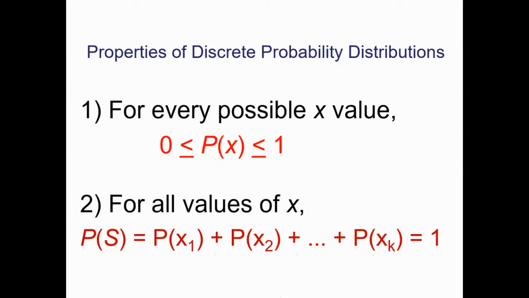And then for all values of x, just like we saw on that first example, all the probabilities must add to equal 1. If they don't, it's a bad distribution. It's not valid. So that's one way you can check to see if it's valid. Do they all add to 1? And then are they all between 0 and 1? If it doesn't meet both of those, then no, it's not a good distribution.